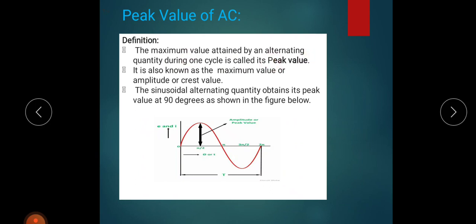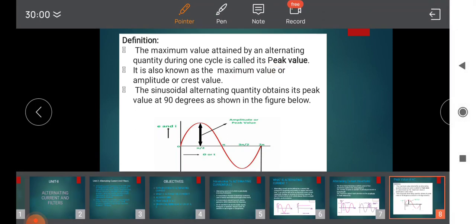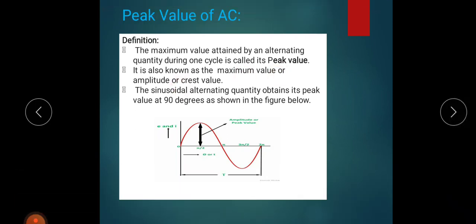The maximum value in the negative half cycle and in the positive half cycle are the same, which is known as the peak value of the alternating current. It is also known as the maximum value, amplitude, or crest value.